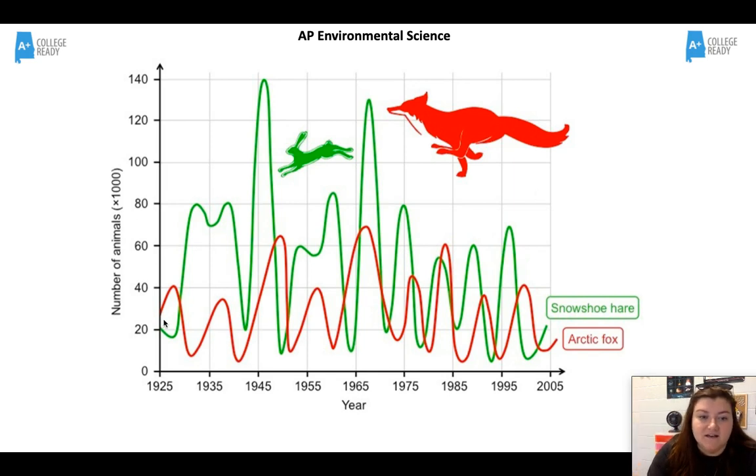So you can see there was a huge spike in the number of snowshoe hares in like 1946-ish, right? It got really tall up here. And then the next few years afterwards, that population of Arctic foxes also went up. So generally, anytime one increases, so does the other, because one relies on the other with that predator-prey relationship.